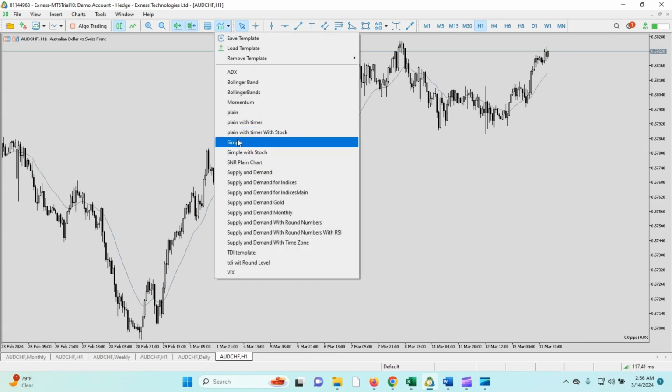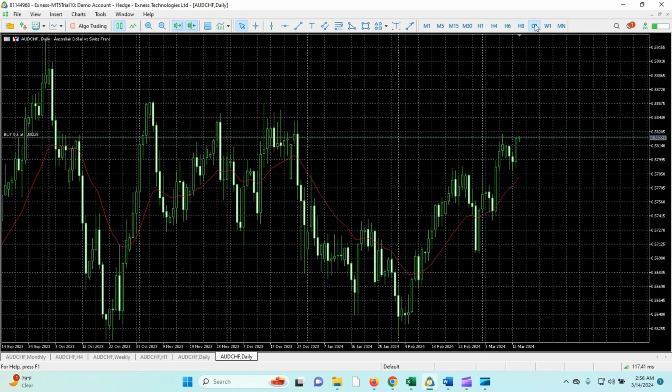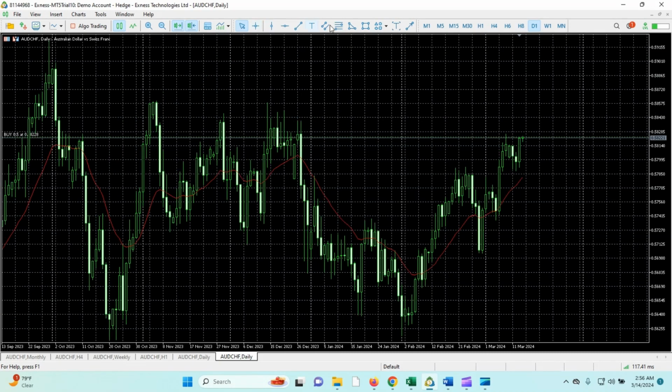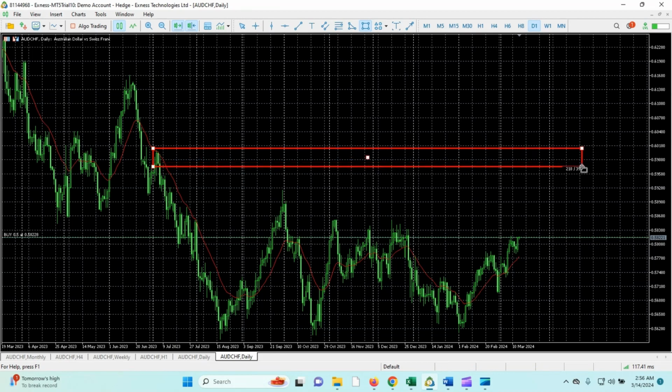Let me use another simple. Okay, I can now find the template. So we're anticipating that price will come to this area. We're anticipating that this is a kind of trend line stop liquidity zone. So we'll be anticipating that price will be coming to this area.